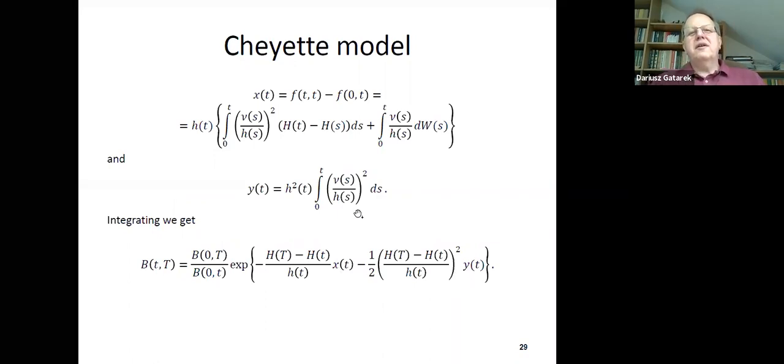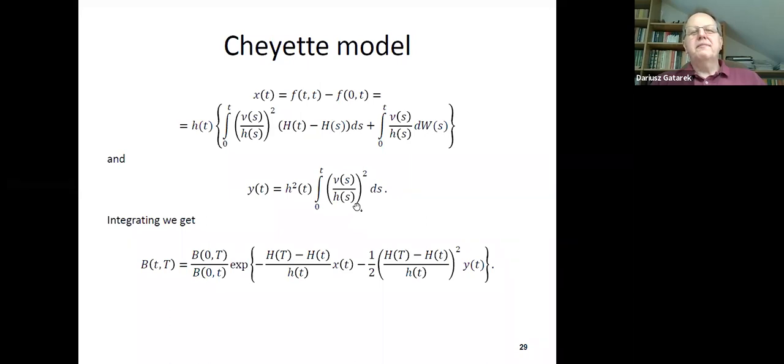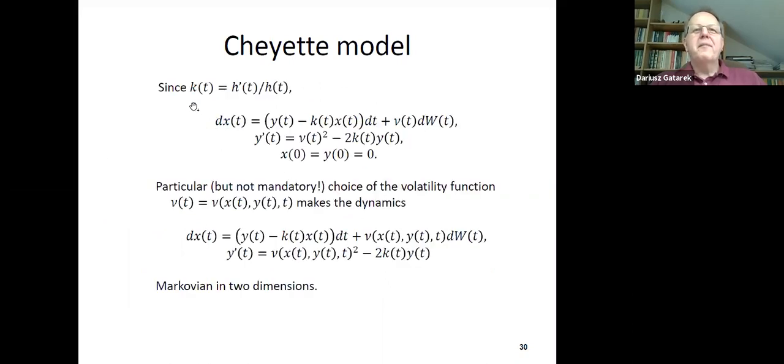And it looks relatively pretty. It's not that ugly. Okay. And reminding that k of t is the logarithmic derivative of h, we've got such a two-dimensional Ito equation for x and y.